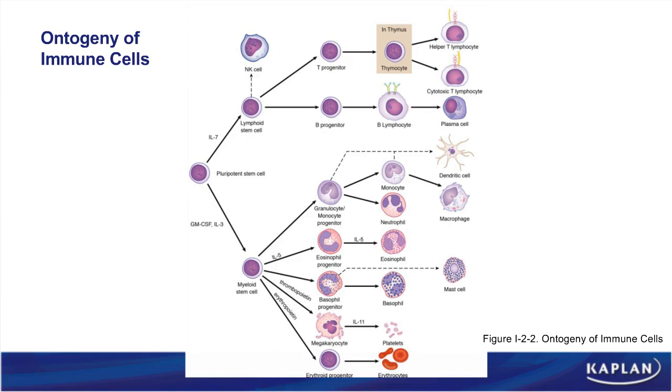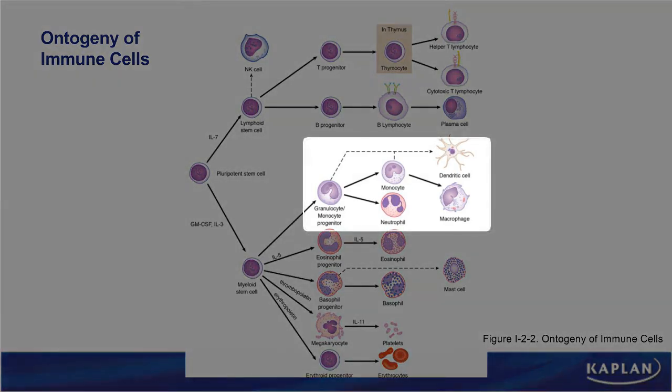And boy, does the myeloid stem cell have a lot of different careers that it can choose from. One of the choices that a myeloid stem cell can make is to differentiate into a granulocyte monocyte progenitor. I'm hoping you figure from this particular cell, I'm going to get lots of different granulocytes and monocytes.